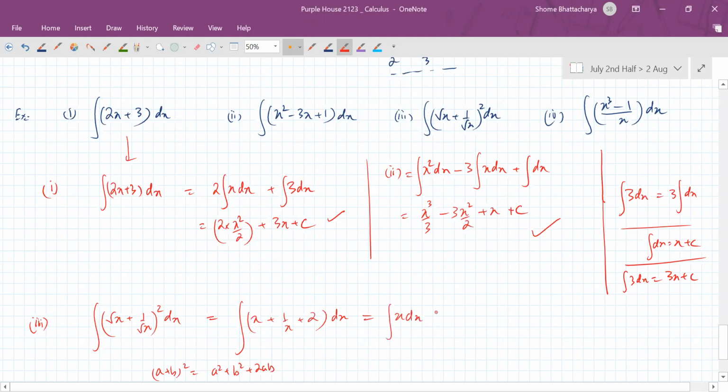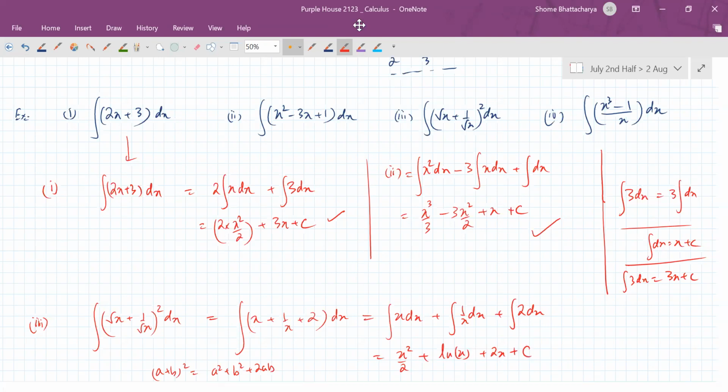Sir, can you check mine also? Yeah, check. Now this is the exception case. X to the power minus 1's integral is ln x. Yes, very good. That's correct.